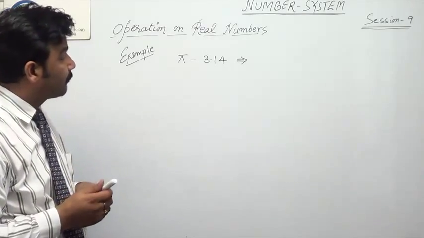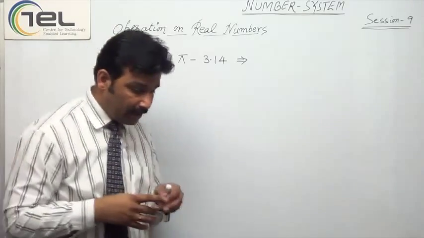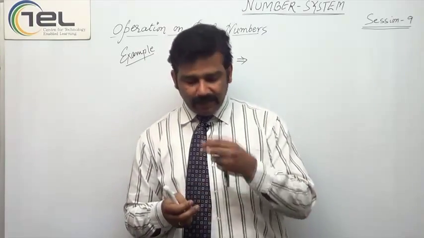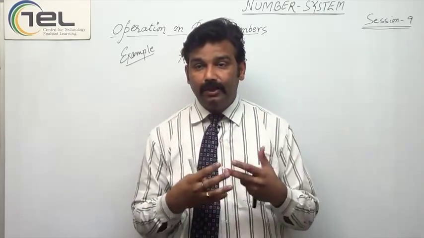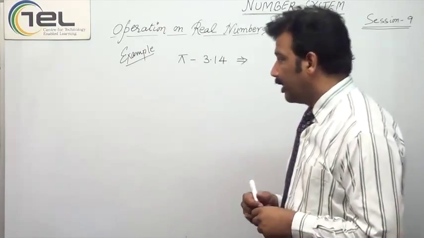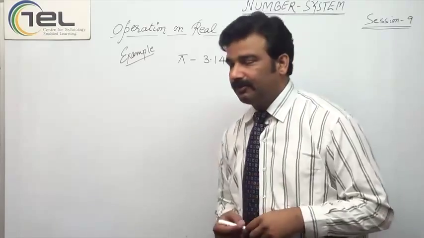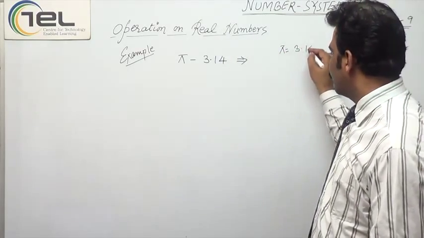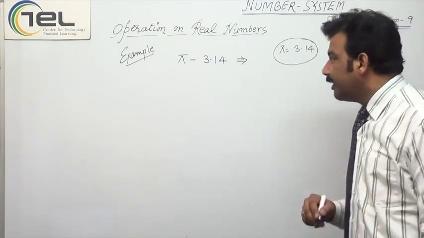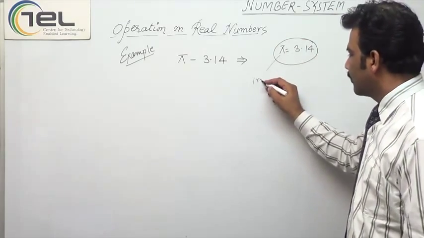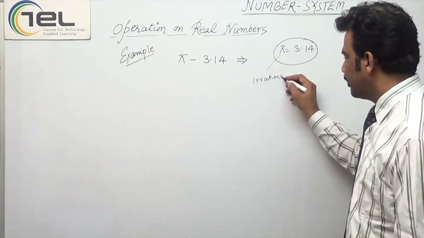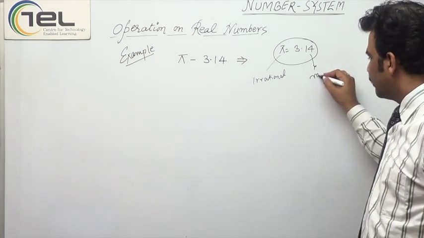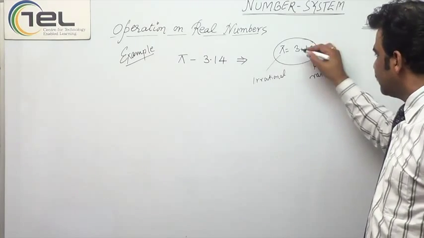By default, what normally a student will do, once we are doing the problems of areas and the circumference of a circle, we have been given pi as 3.14. But you know, pi is an irrational number. We have discussed this in previous sessions. This is an irrational number, as well as this is a rational number, because it is a terminating number.